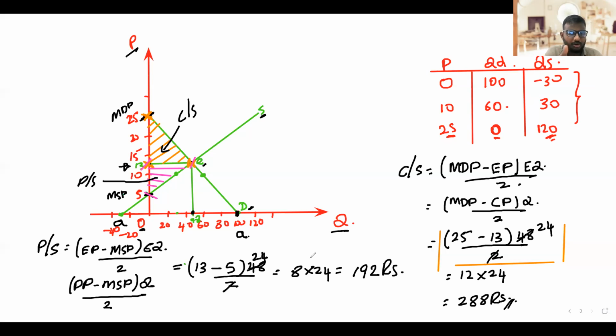So drawing lines in different directions, you can distinguish between the consumer surplus area and the producer surplus area. If you have black and blue, fine. In the graph, you can use black to show the consumer surplus, and blue for producer surplus. Clear?